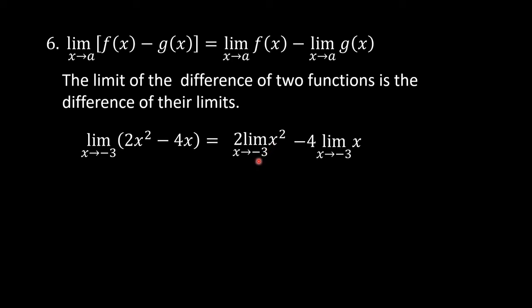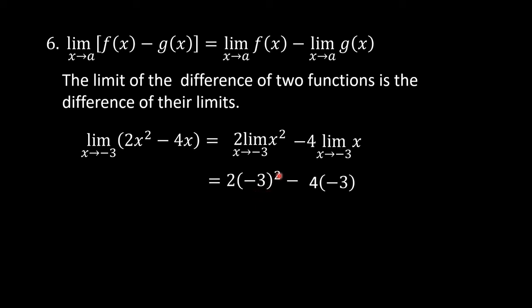Replace x by negative 3, and then replace x by negative 3 here. So we will have 2 times the quantity negative 3 squared minus 4 times negative 3.